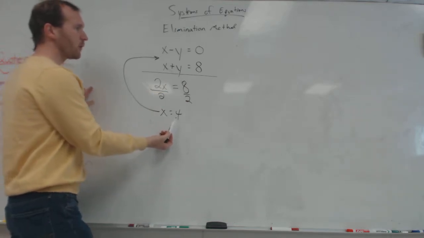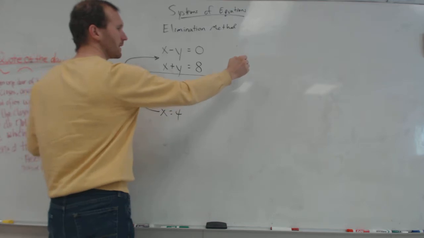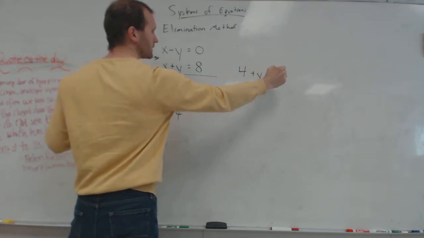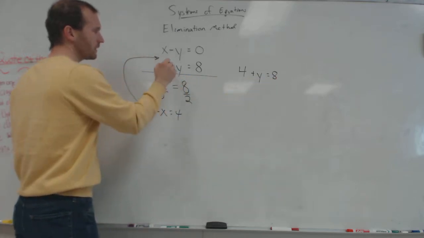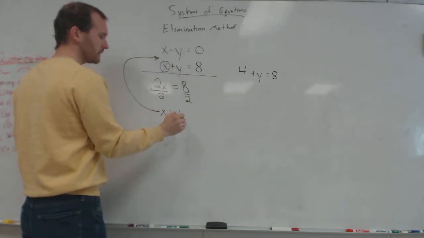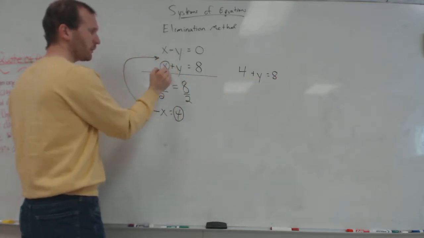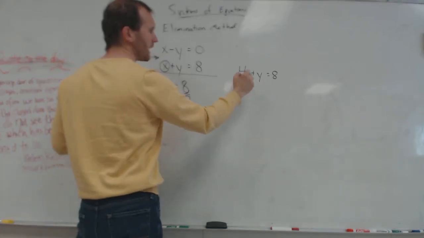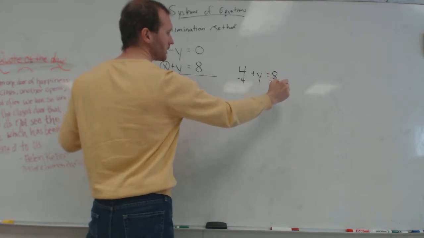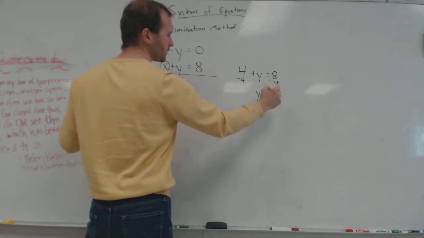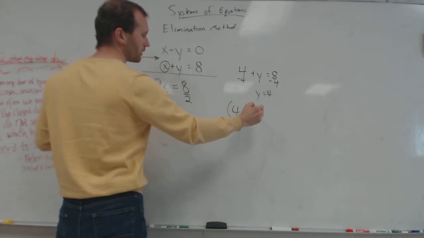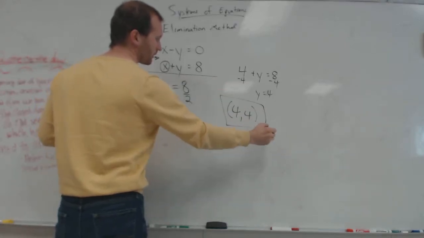So if x is 4, then this equation tells me that 4 plus y equals 8. So I put 4 where the x was. Subtract 4 from both sides. And I know that y must also equal 4.